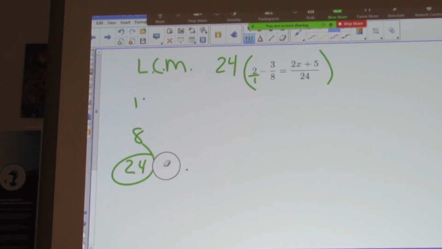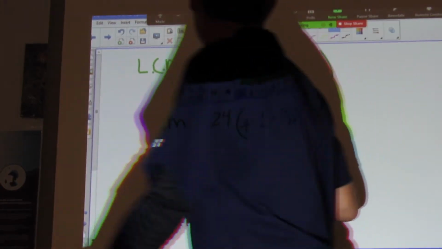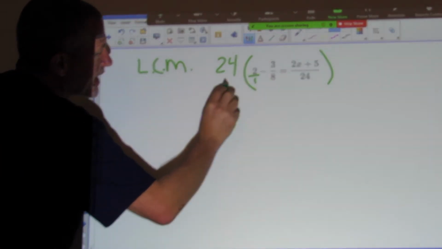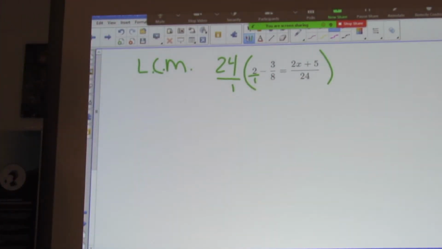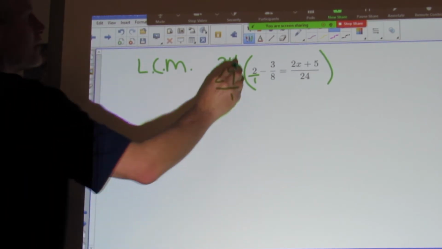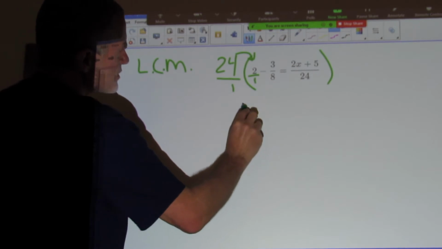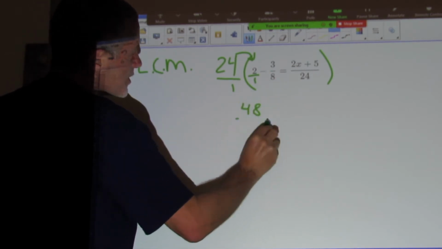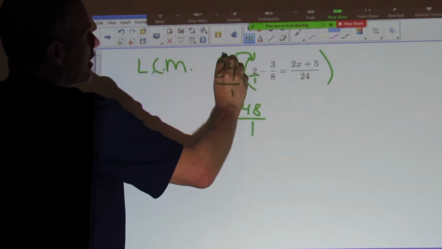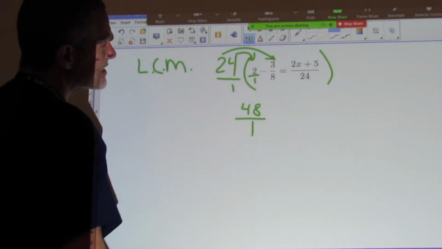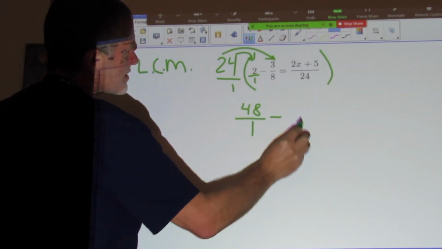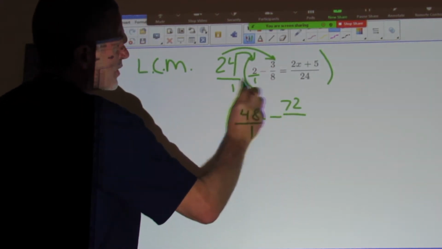Okay? So I'm going to put a 1 under that 24. And you might not need to, but I think it's a good habit, so it's up to you. We'll distribute. 24 times 2 is 48. 1 times 1 is 1. 24 times negative 3, or I could put this minus here and just call it 72 over 1 times 8 is 8.